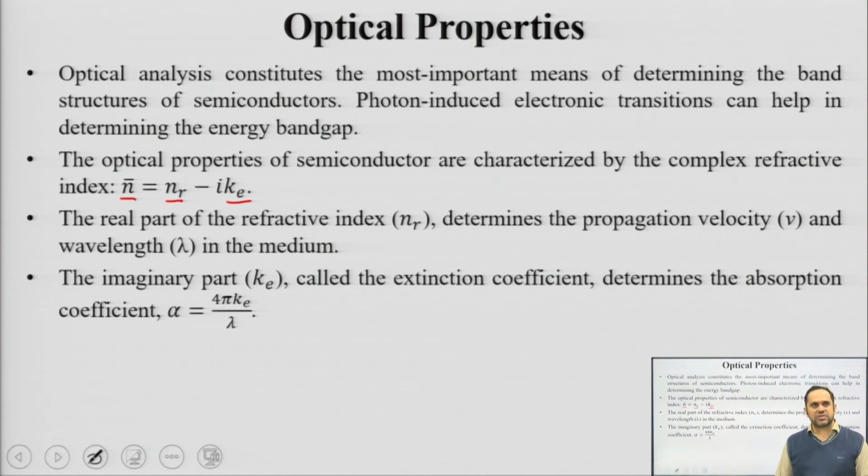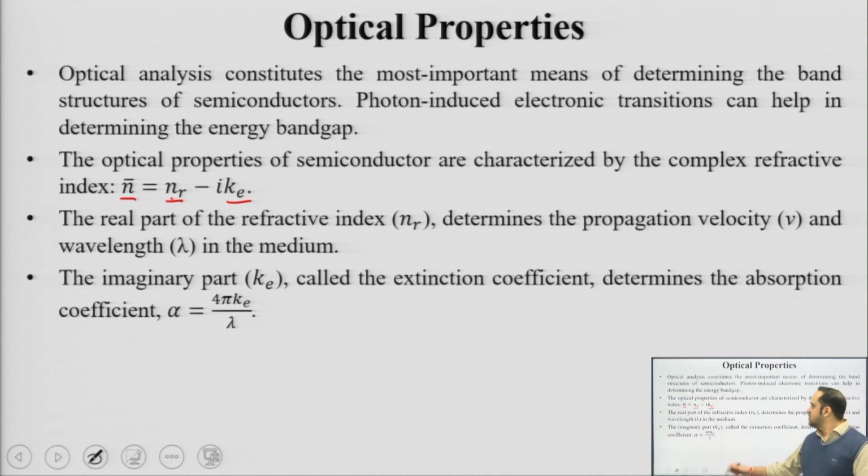So, how fast and for how long the optical light travels in the semiconductor is decided by the real part of the refractive index. The imaginary part, k subscript e, is known as the extinction coefficient, and it determines the very important property known as the absorption coefficient. This basically measures the distance.